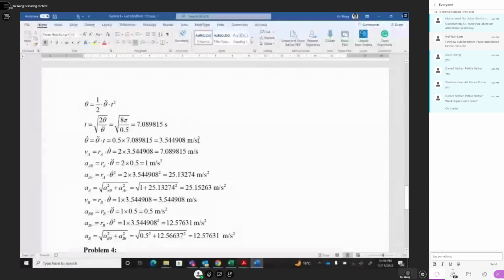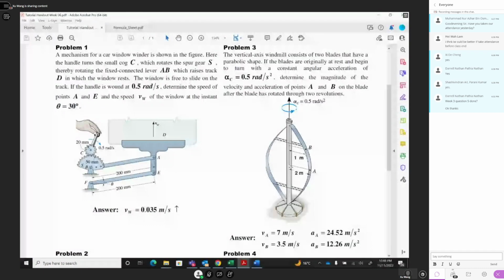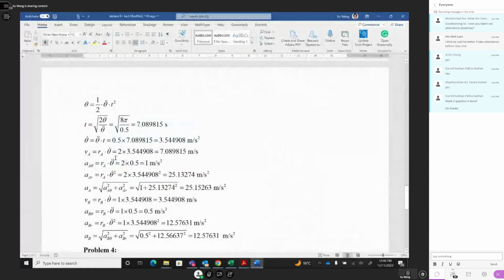This is omega. After you get omega, the speed VA equals the radius of A times omega. The radius of A is given here. A radius is 2, right? So it's 2 times this omega. You get the tangential velocity. After that, we also know theta double dot is 0.5. R times theta double dot, you get the tangential acceleration. 2 times 0.5 equals 1.